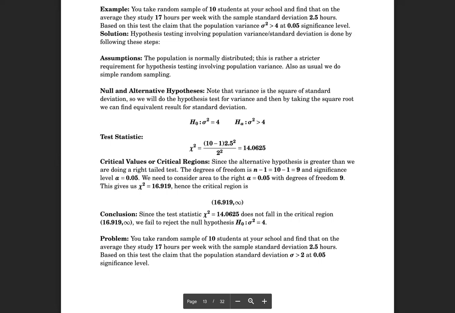Just try to come up with the null and alternative hypothesis, the statistic, and the critical region. And then, of course, you could make the conclusion. So go ahead and try this problem exactly like this one. Take 5 minutes or so, and then we'll meet back.